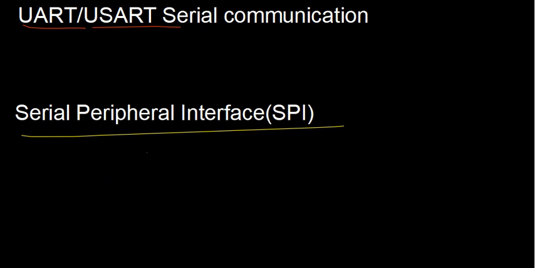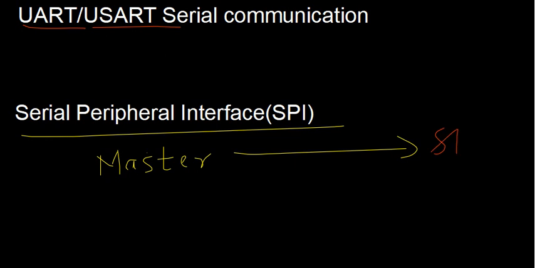Basically it is also very similar to what we have seen in the case of UART or USART, but here we will be having two things. One is assigned as the master, and of course the other one I need not mention, this is the slave. There will be two entities between which the data is exchanged in the serial fashion.